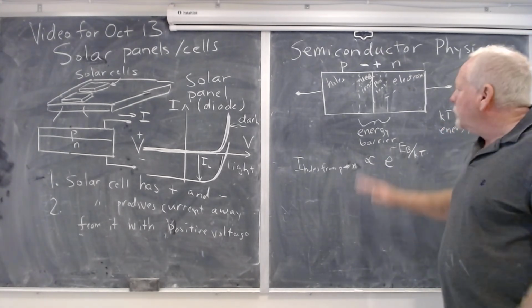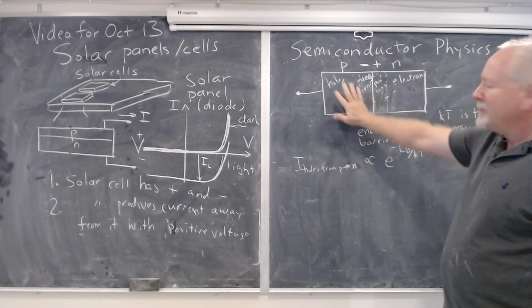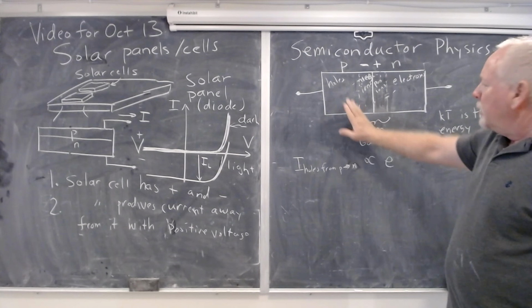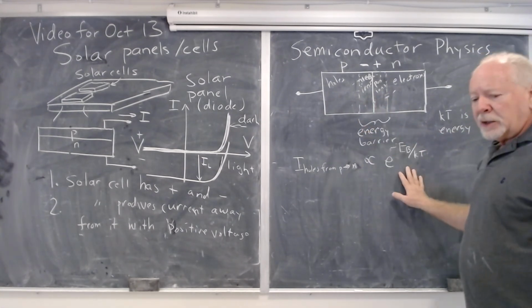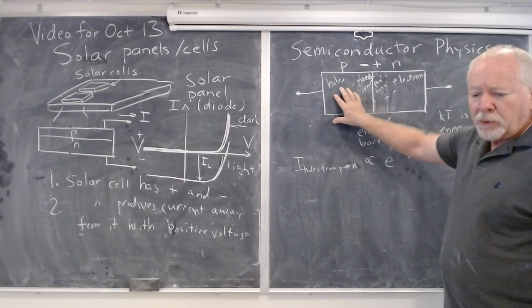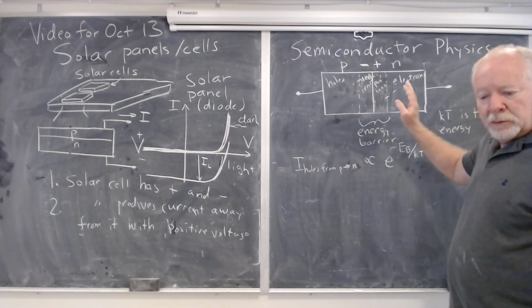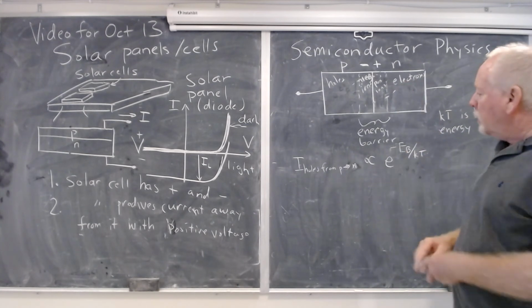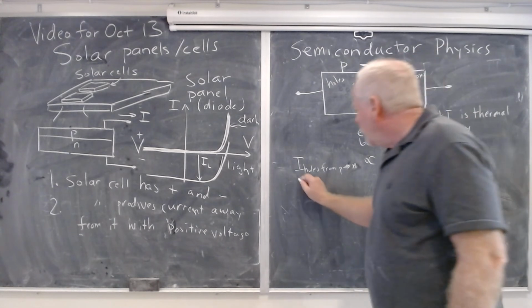So what I'm telling you is that we're in equilibrium, but you still have holes moving in that direction because there's all these holes over there. And what this is basically saying is that when you have thermal energy of holes, some of them are going to have enough to go over that barrier. All right, but I said there's no net movement of holes, so what's going on?